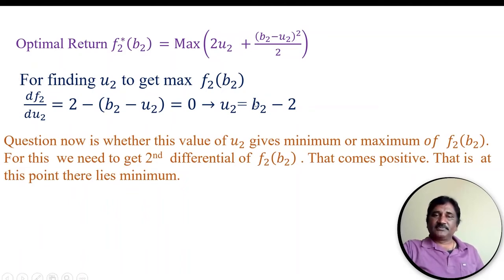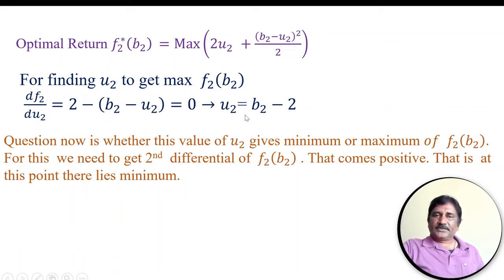Positive. That means the value of u2 which you get, b2 minus 2, will always be giving you the minimum value of this function, whereas we want the value of u2 which will be giving you the maximum value of this function, right?